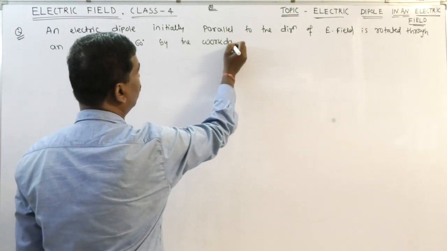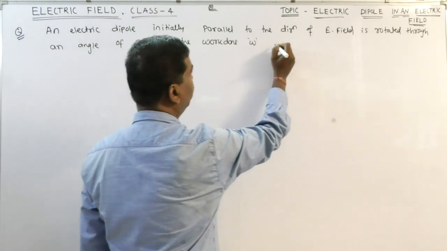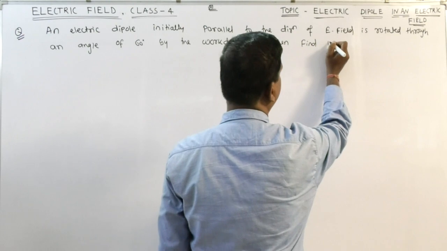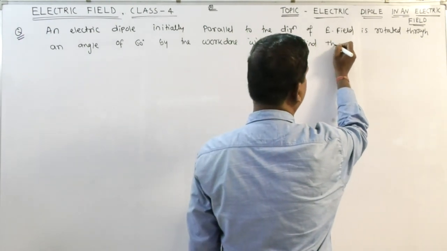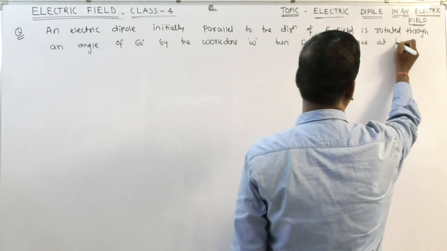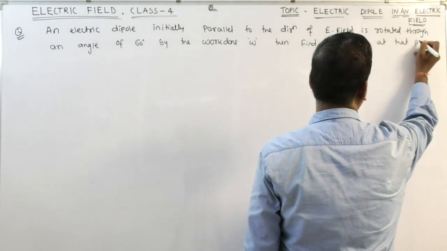If the work done is W, then find the torque at that position.